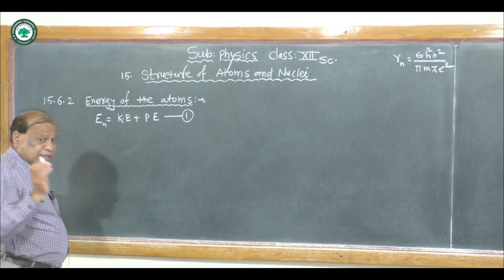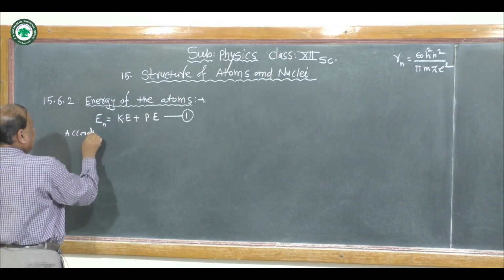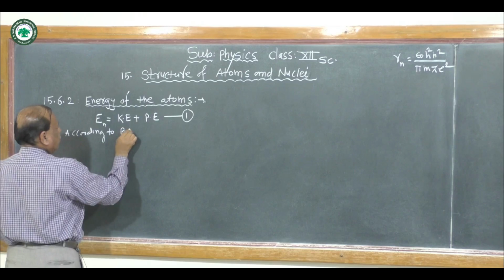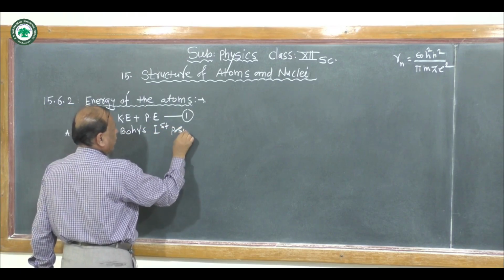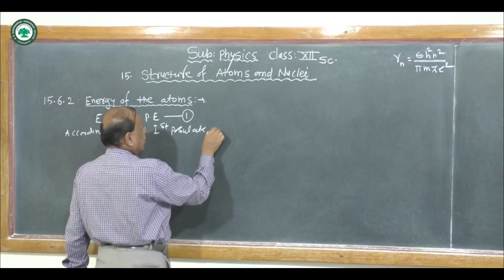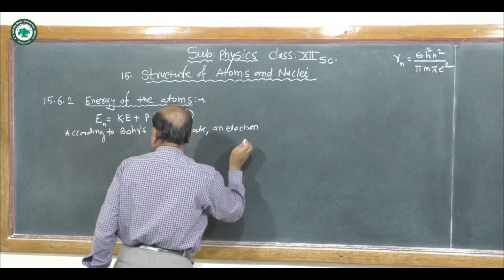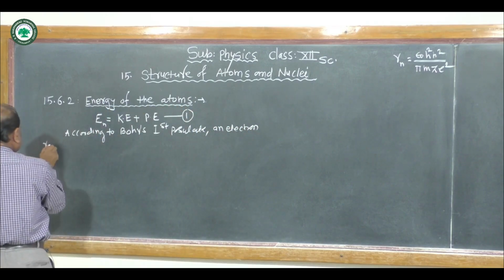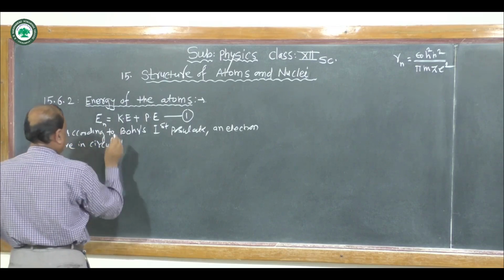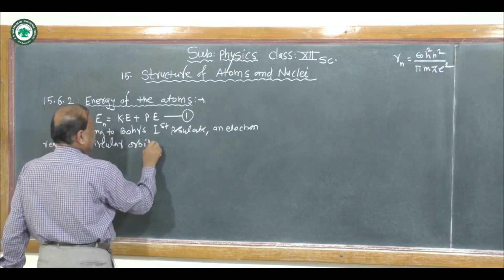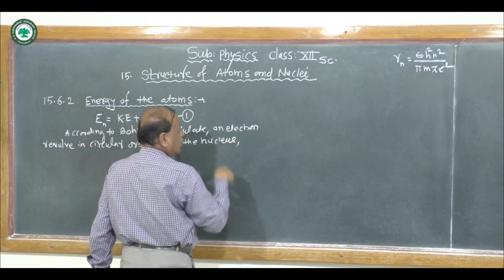Now consider Bohr's postulate. According to Bohr's first postulate, an electron revolves in a circular orbit round the nucleus.